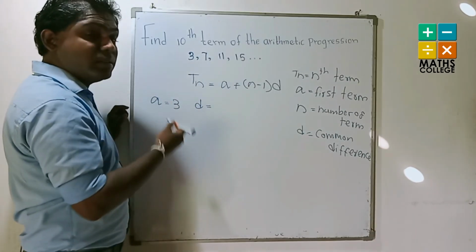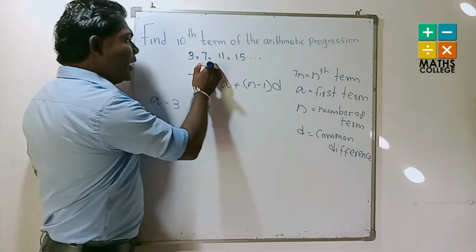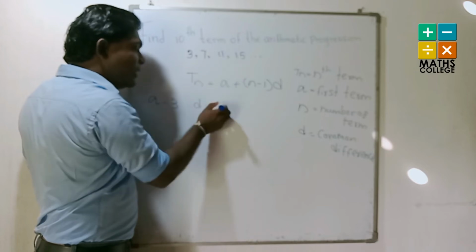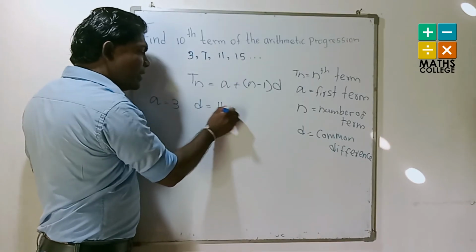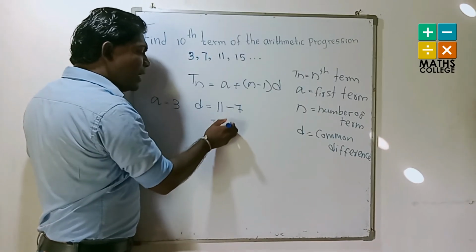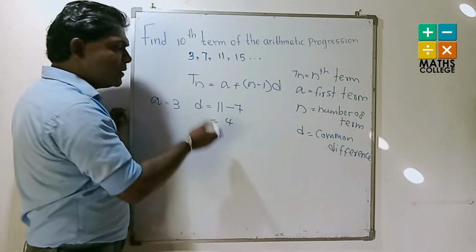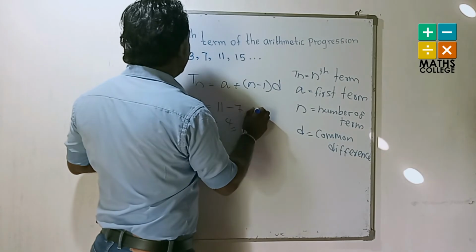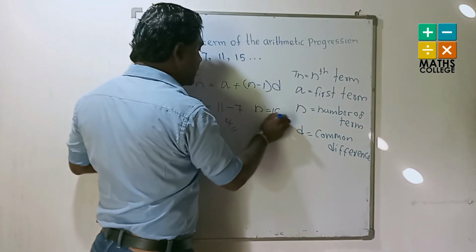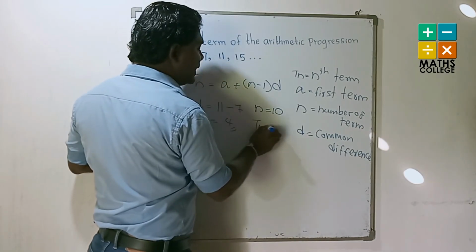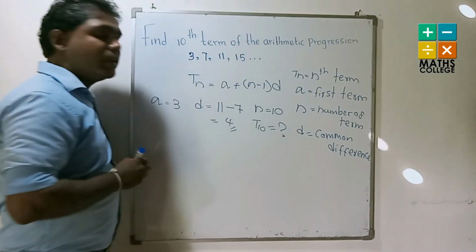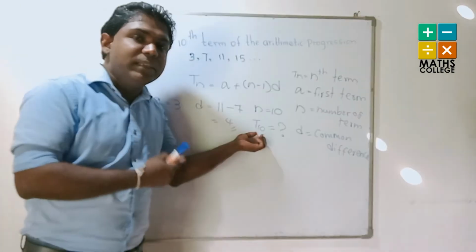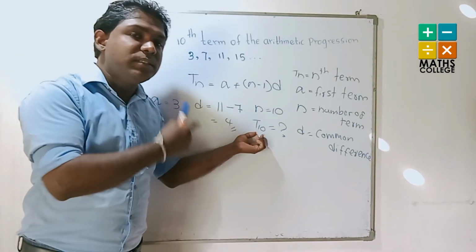Considering two consecutive numbers, here 7 and 11, 11 is the second term, 7 is the first term, so the common difference is 4. N is 10. We have to find T10, that means the 10th term.